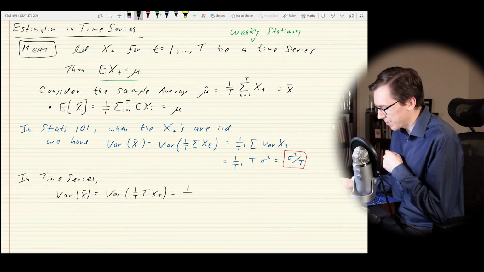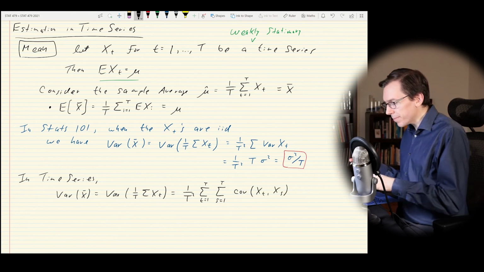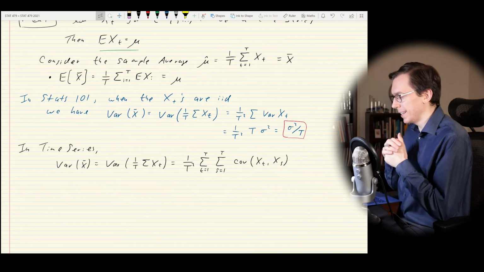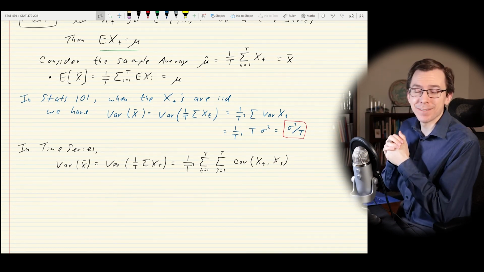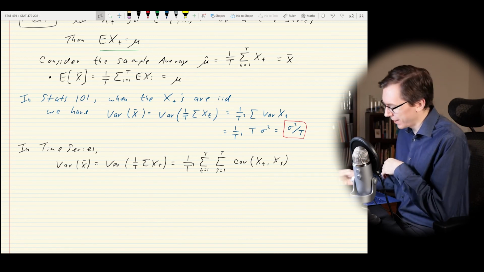So what happens is we actually get a 1 over T squared, and now we sum t from 1 to T, but we also sum s from 1 to T, and we have to sum up all the covariances of x_t and x_s. So things have become slightly more complicated. But the covariance at 2 different time points is just going to be our autocovariance.